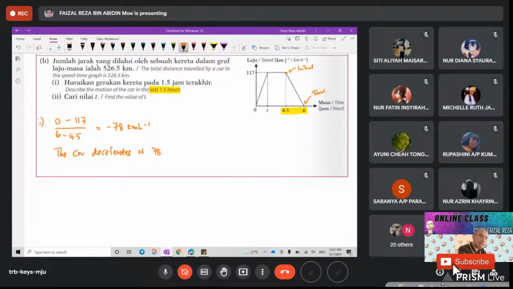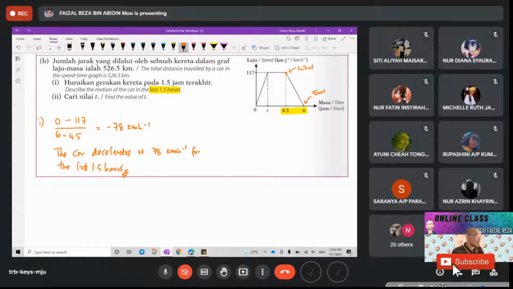No need to put negative because you already mentioned decelerates over here. The car decelerates at 78 kilometer per hour for the last 1.5 hours.